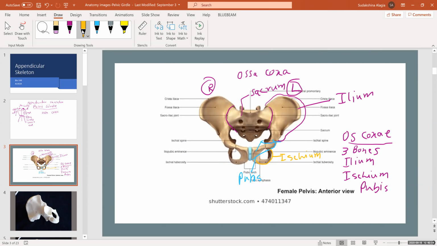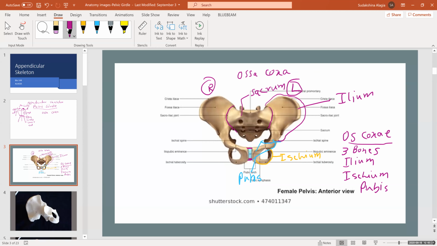First thing you want to identify, and this is for reference, something you also want to keep in mind, is that ilium articulates with the sacrum. This is called the sacroiliac joint. So ilium articulates with the sacrum. Pubis of each os coxae articulates with one another via a cartilaginous disc.